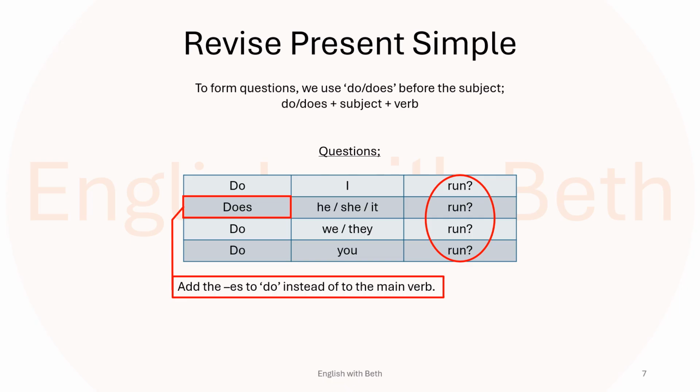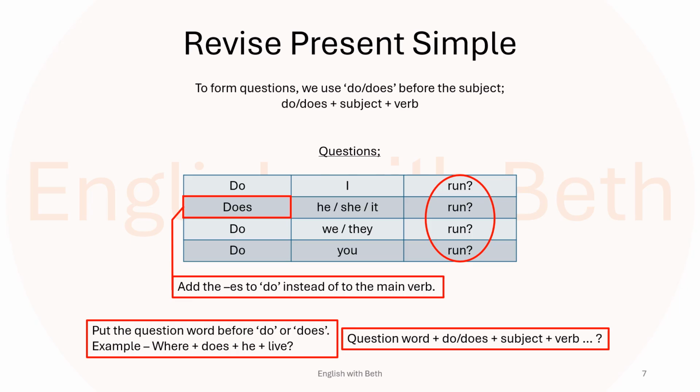Do you run? Notice again here that we add the es to the auxiliary verb do when we are talking about he, she, or it, and none of the verbs, main verbs, have the s or es ending.